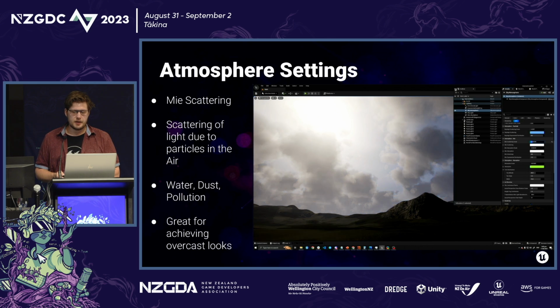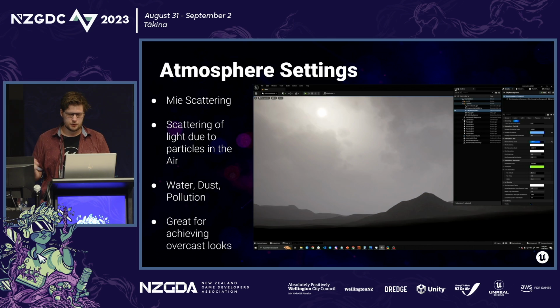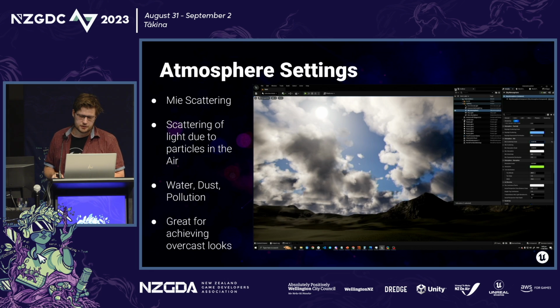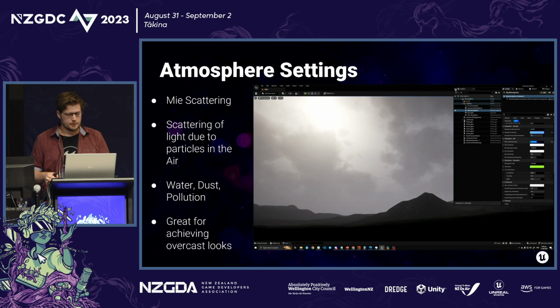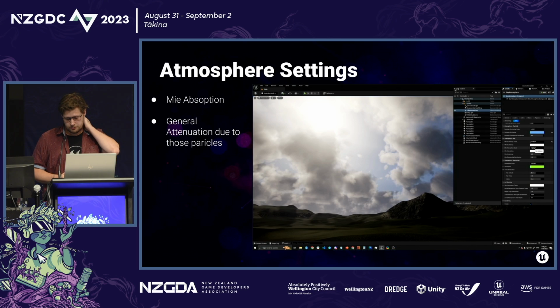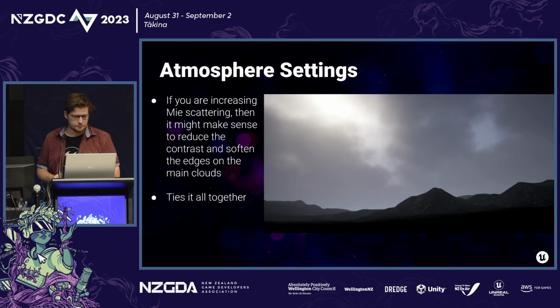We can control things like the Mie scattering, which is due to particles in the air, and that will give you very nice overcast looks. There's the scattering, and there's also the absorption. The scattering will get you that overcast look, and the absorption will give you a general attenuation.